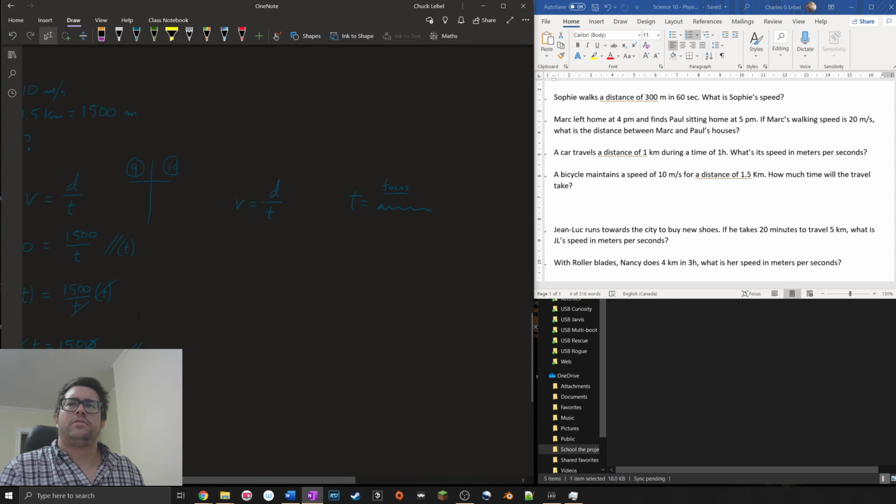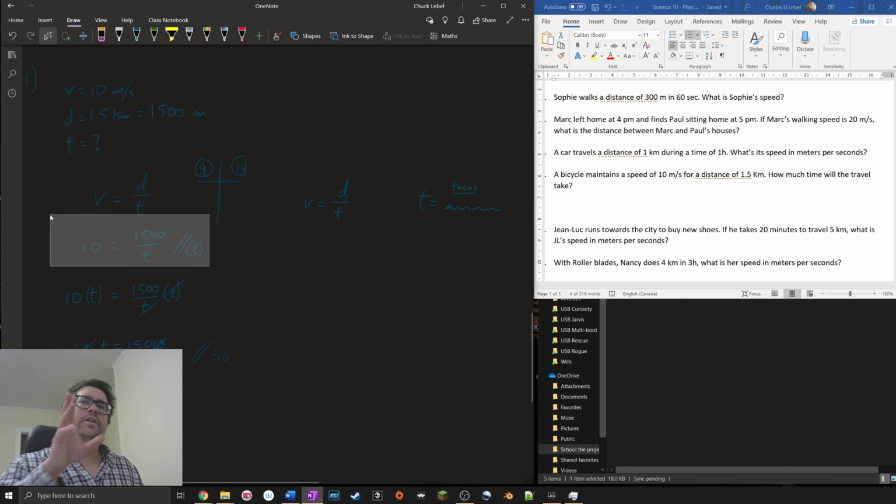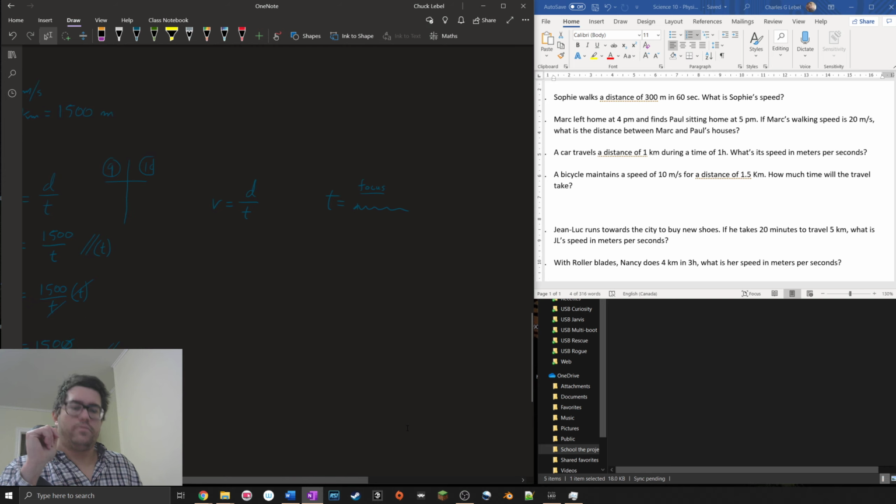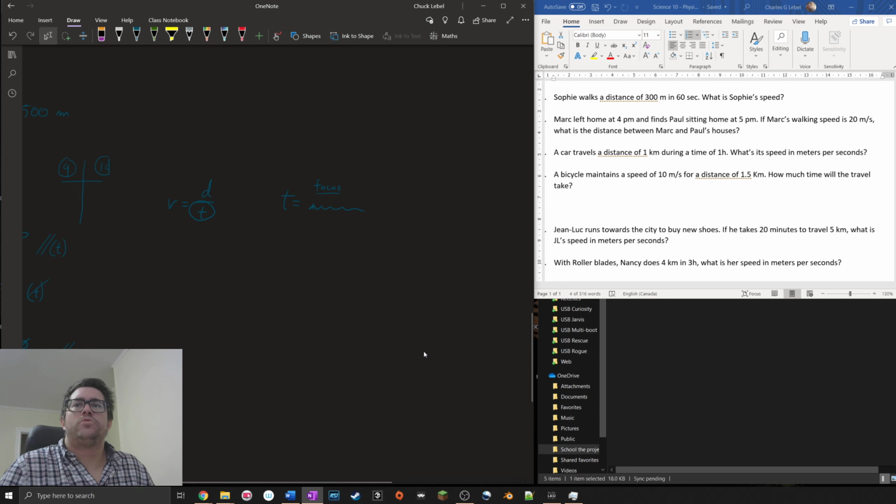Just like this example, we did not like that it was divided by t, so we multiply it by t. Well, guess what? We want t also. It's stuck under and it's no good. So we're going to multiply both sides by t.